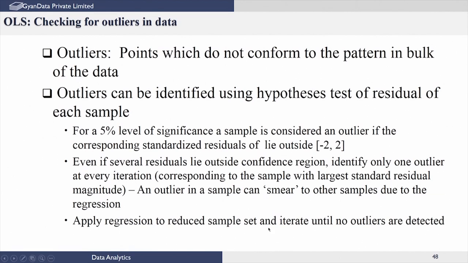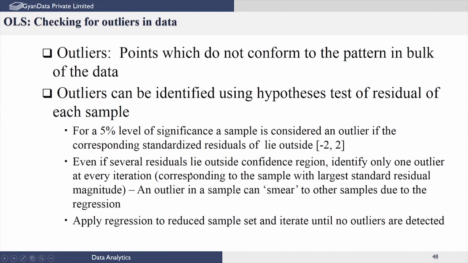The only thing when we do outlier detection is this: it may turn out that the first time we fit a regression and do an outlier detection, we may find several residuals lying outside the -2 to +2, 95% confidence interval, in which case we do not throw all the samples out at the same time, we only throw out the one that is most offending, which is we identify the outlier that corresponds to the sample with the largest standardized residual magnitude, which is furthest away from -2 or +2.